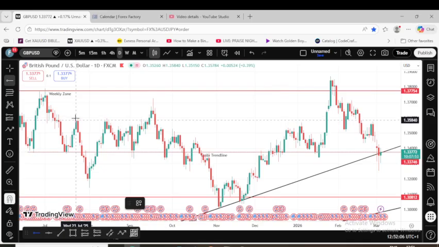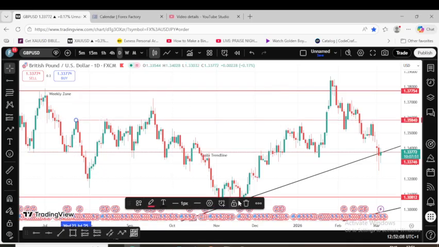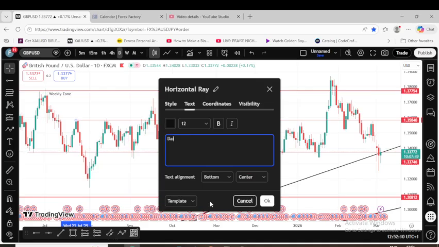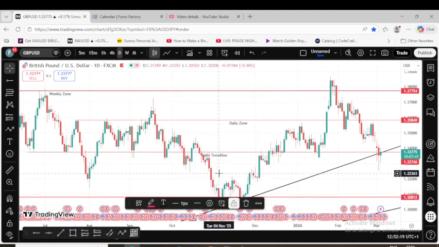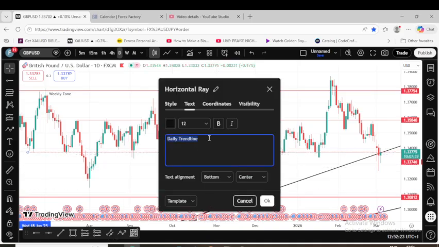This is another daily zone. Sorry, made a mistake here. This is supposed to be a daily zone, not a daily trend line.